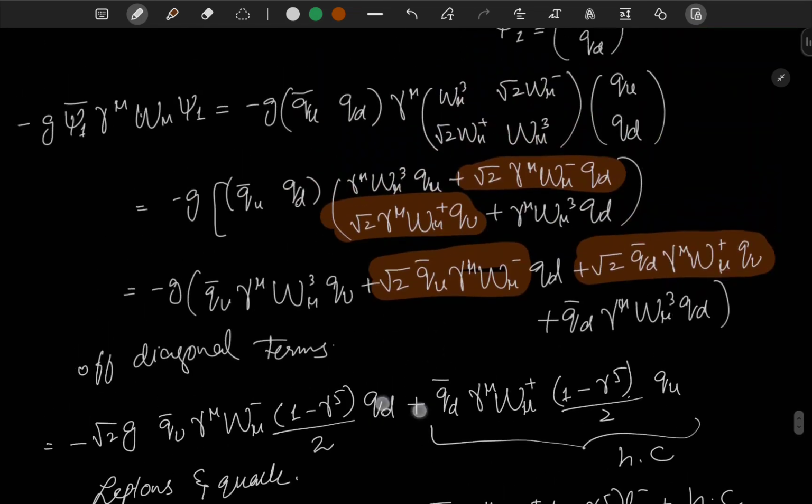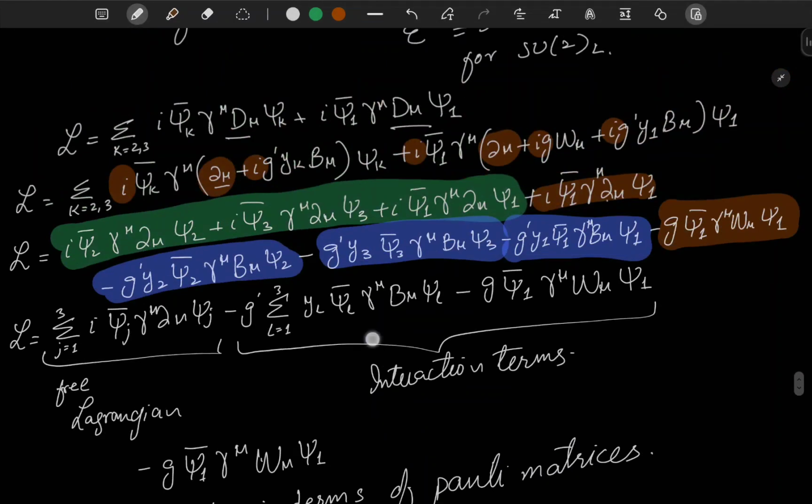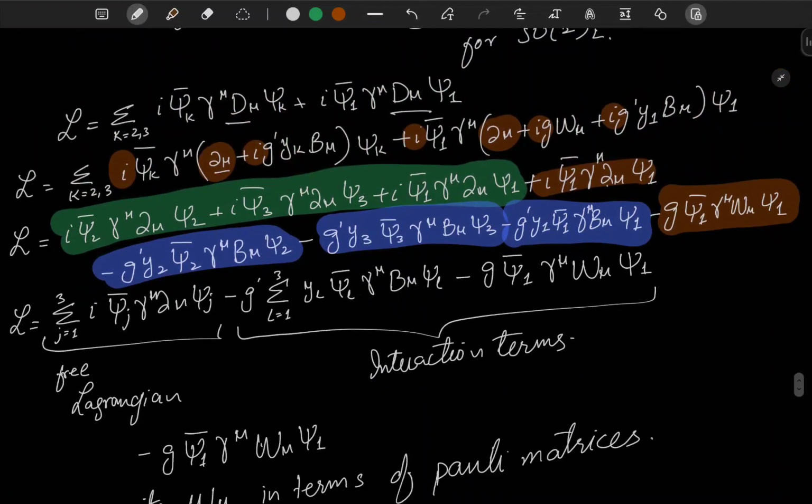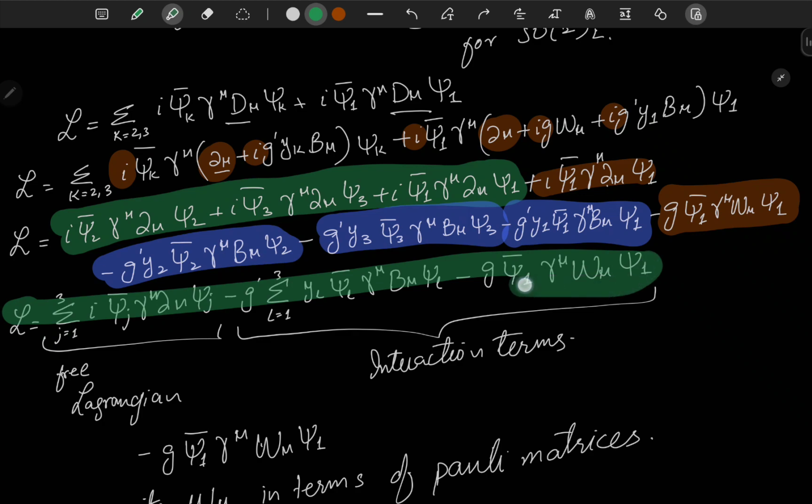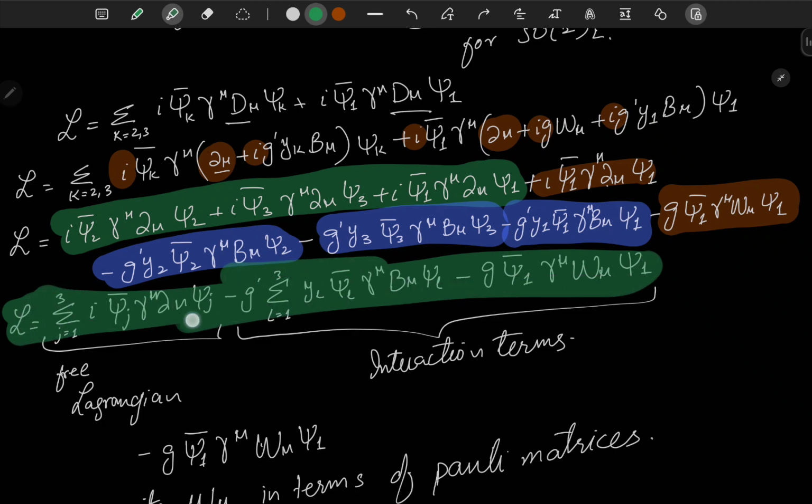Now if we go back a little bit, this was our Lagrangian. Sorry, let me take the highlighter. Okay, this was our Lagrangian, and just now we have solved this term right here, and we got the charged current term from here.